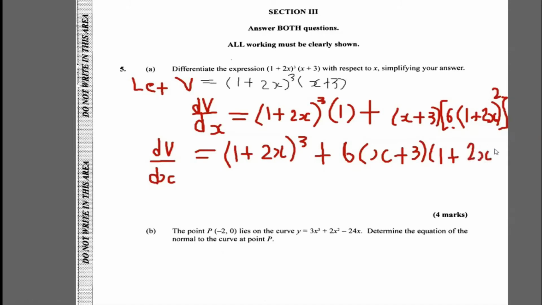Nice and easy. This is what we have. And this is dv by dx.